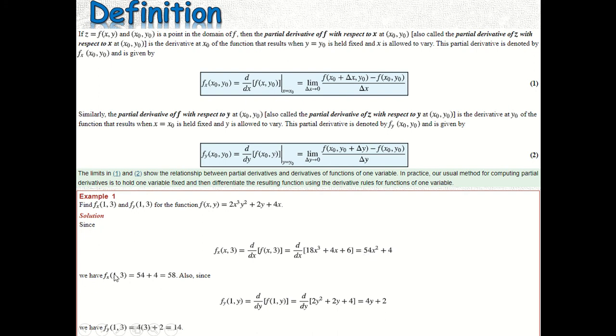We solve now the value of the partial derivative at this point.